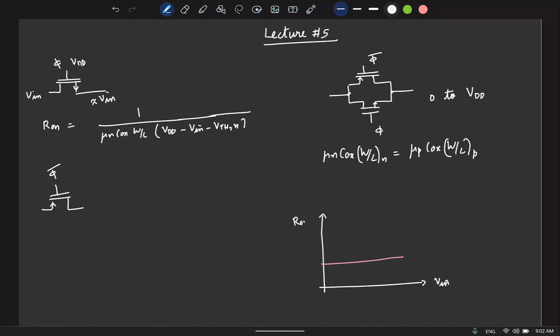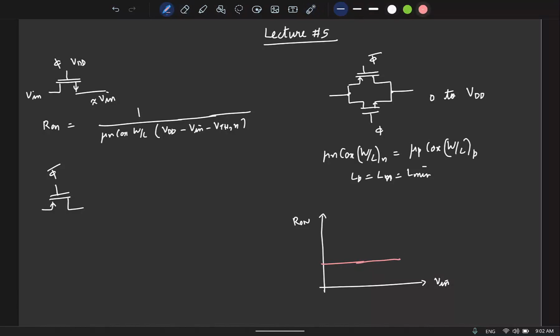And let's say you want to achieve this condition. For switches, how did we choose the lengths for the transistors? Length is minimum. So both NMOS and PMOS have the same minimum length, and the only control you have is the width. But of course, we saw that this is impossible to guarantee in practice.